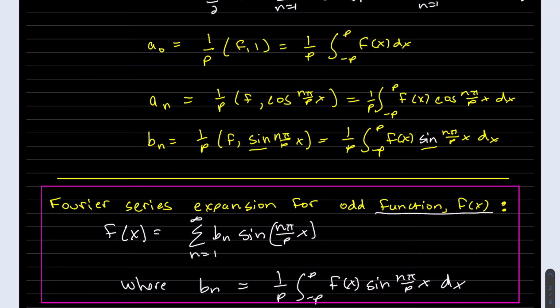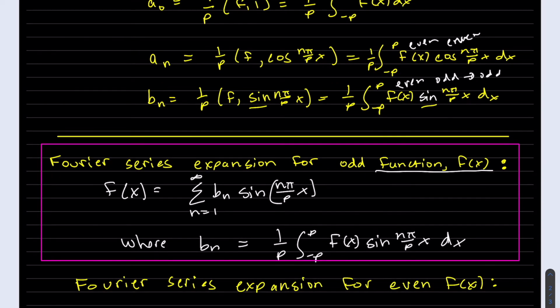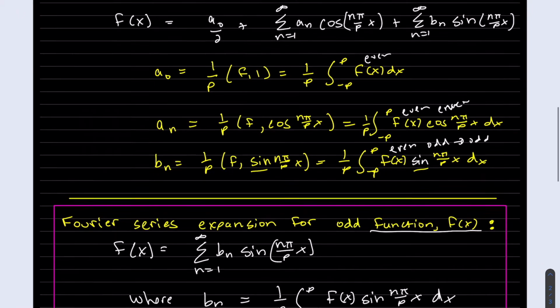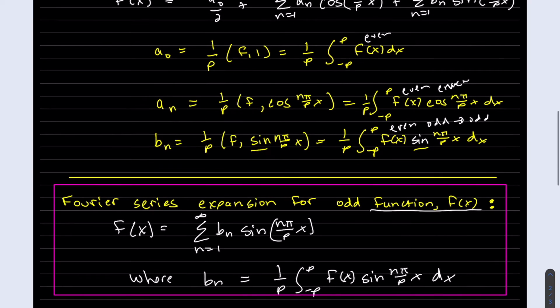We can see if this is even times an even, that does not zero out. But if this is an even times an odd, we do get odd. The integral from minus p to p is 0. So that one does zero out. So the series expansion for an even function is the first two terms using a naught and a n.